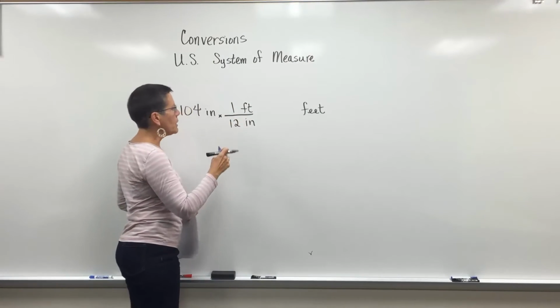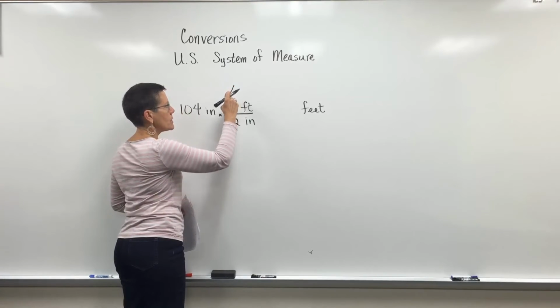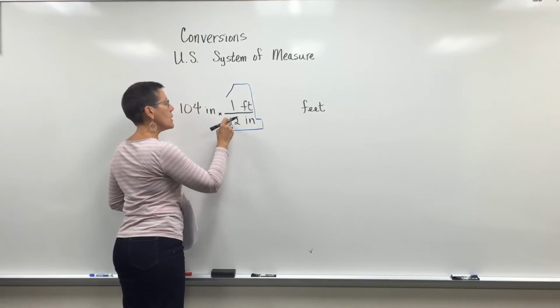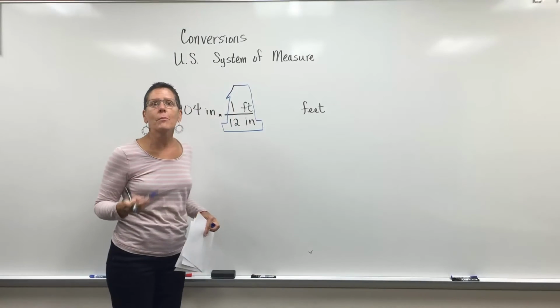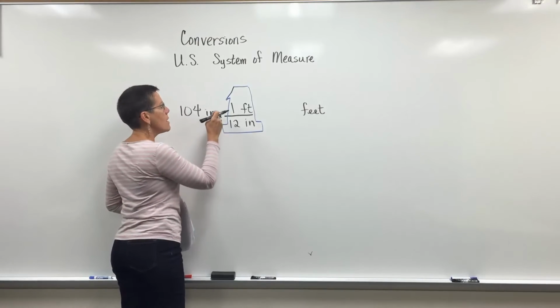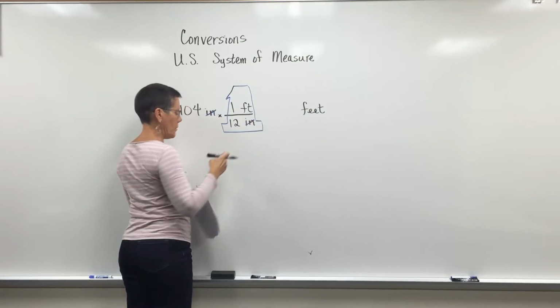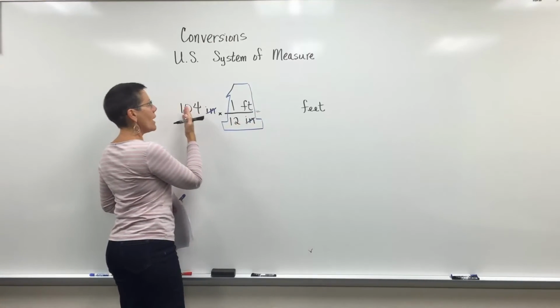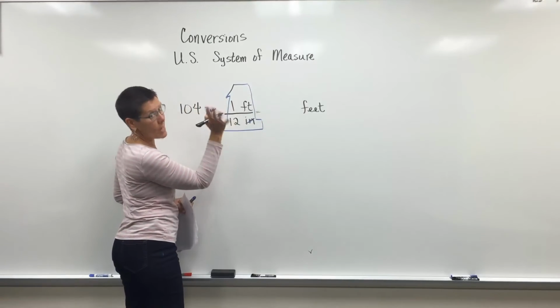I often like to reinforce this concept of equivalency and tell you that this right here is an equal thing. It's like representative of the number 1. 1 foot is 12 inches, but I'm going to remove that word inches, top and bottom, and so I need to take 104 times 1, not really.